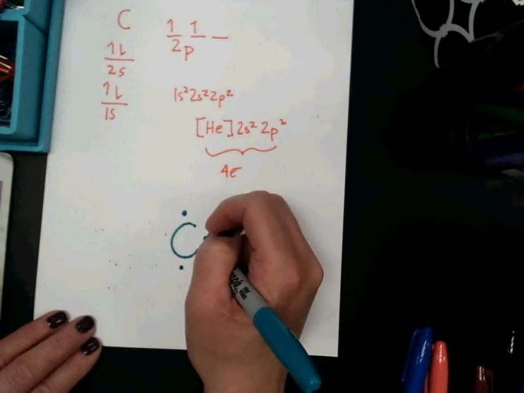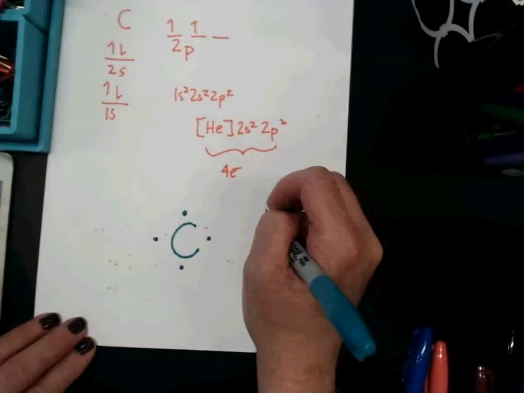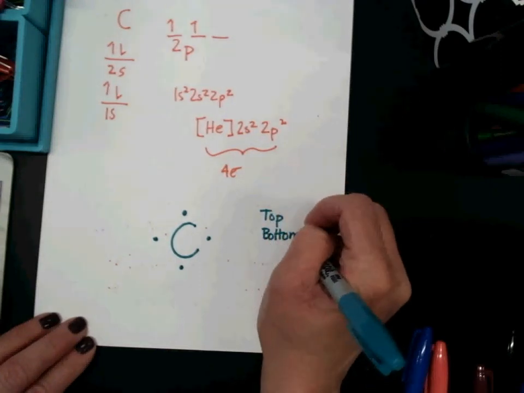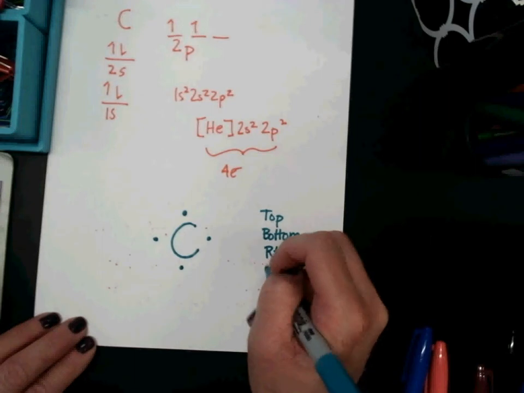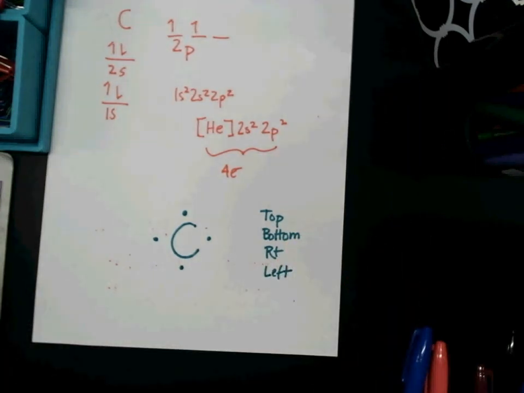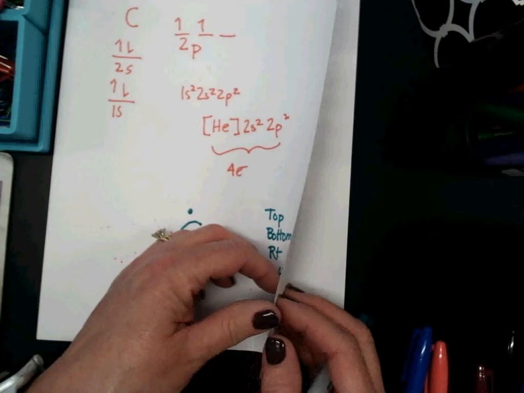So I go top, bottom, right, left. So I probably should write that down. Top, bottom, right, left. And I would repeat that if I had more than 4 electrons to work with. So I just follow that pattern no matter what I'm doing.